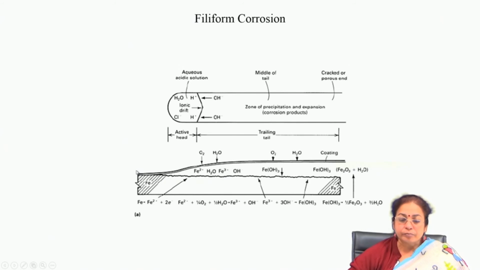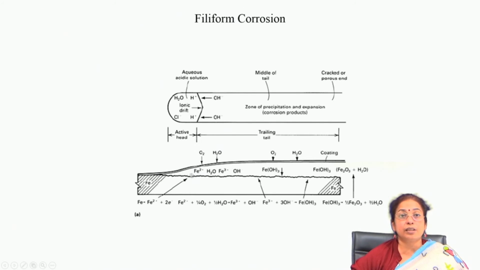Initially the attack starts at some region where there are small perforations, damage or porosities on the paint surface. As soon as it forms, one end gets opened, and through that end there is water molecule migration, then differential aeration cell formation, and subsequently corrosion of the other part of the metal.